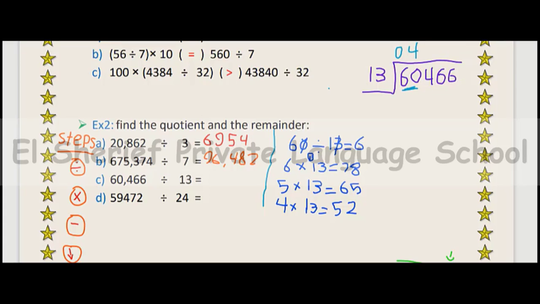In the quotient we write it. So 4 times 13 equal 52. What did we do? We did times. 4 times 13 equal 52.